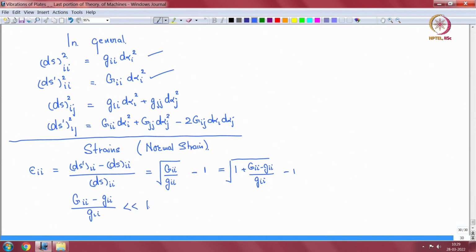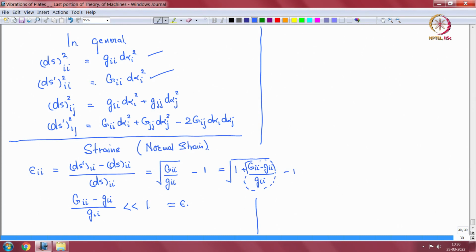That means normally we denote it by a symbol which is epsilon. So what now we have here is this quantity is epsilon, of order epsilon in comparison to 1.